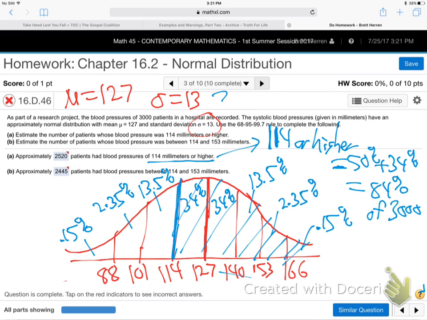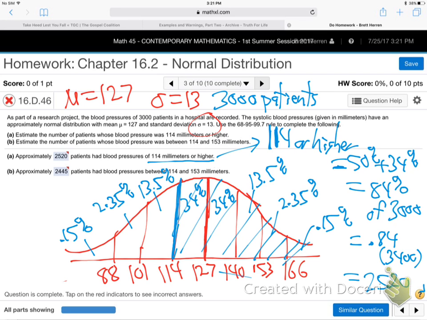Up here, they said this is a graph of 3,000 patients altogether, right? Yeah, 3,000. So I've got to take 84% of 3,000 patients and all their blood pressures from the lowest to the highest. So I've got to take 84%, which you know means make a decimal, right? 0.84 times 3,000, and I guess that comes out to be the 2,520 number that we got right there.